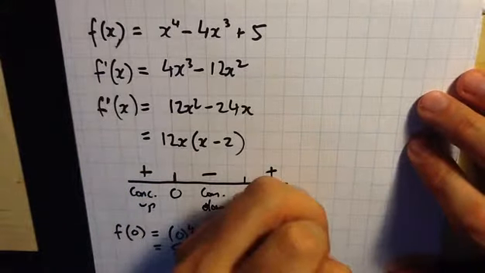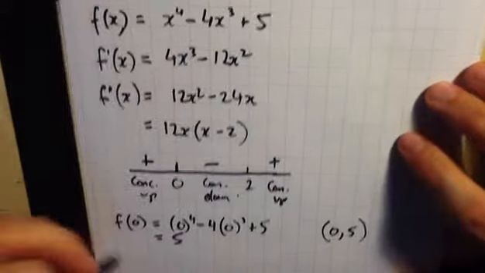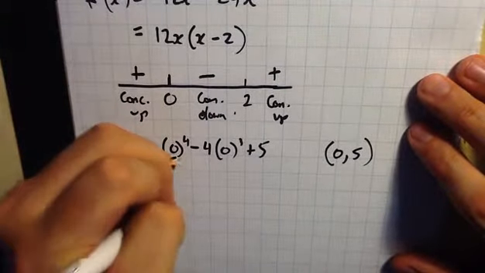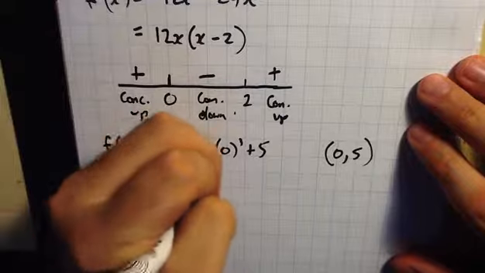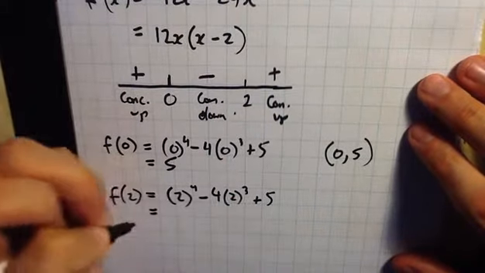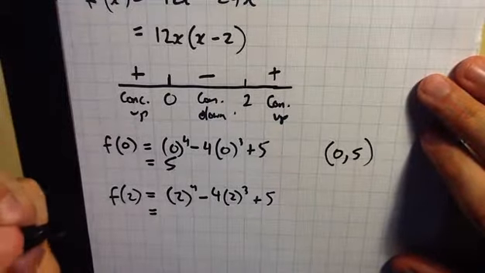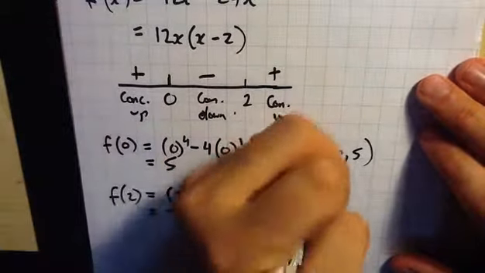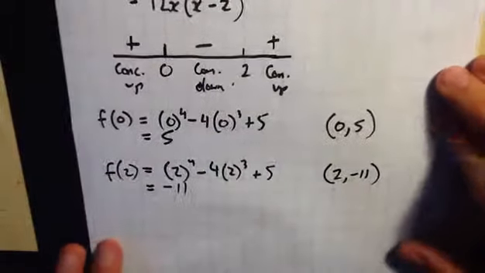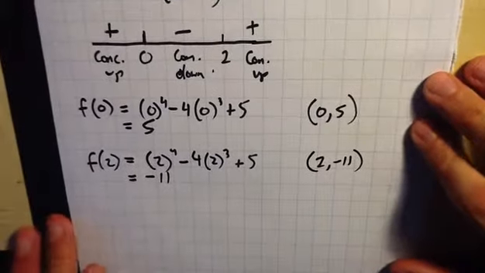So I know there's a point of inflection at (0, 5). Then I do f of 2, it's going to be 2 to the power 4 minus 4 times 2 cubed plus 5. That is going to give me an answer of negative 11, so I know the other point of inflection is at (2, negative 11). Now, I don't know yet whether they're horizontal or non-horizontal points of inflection.